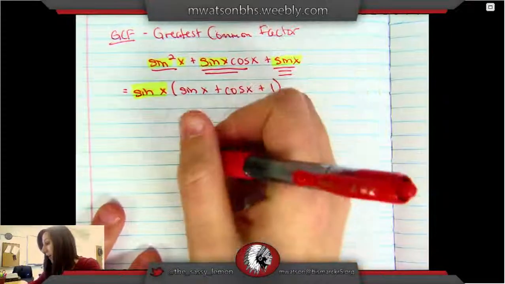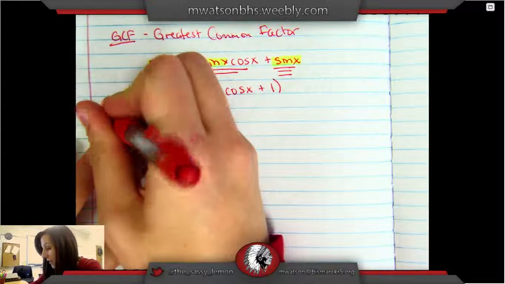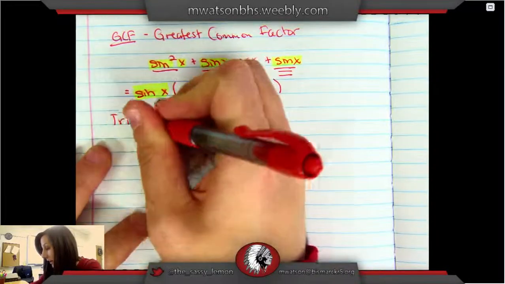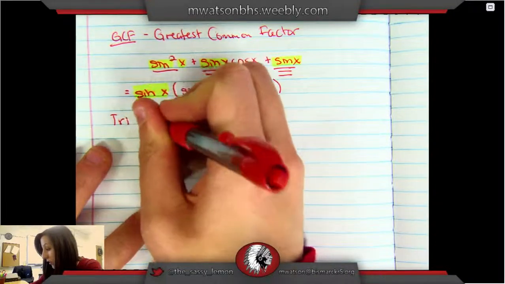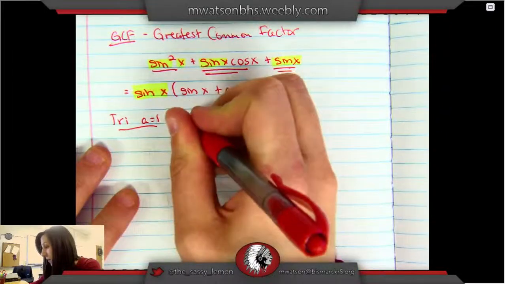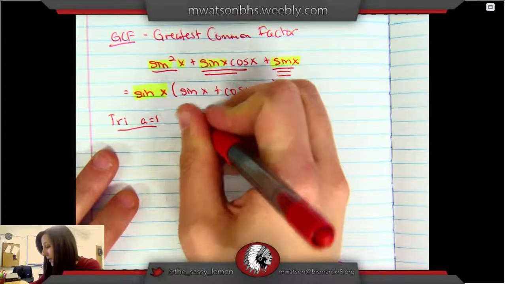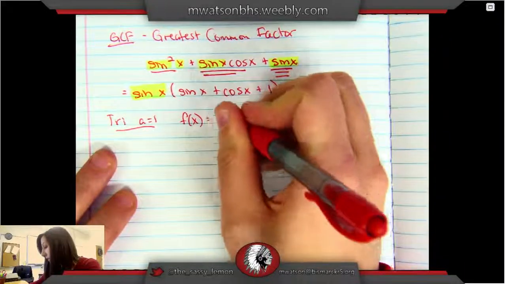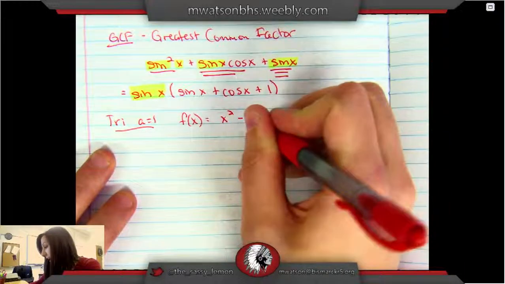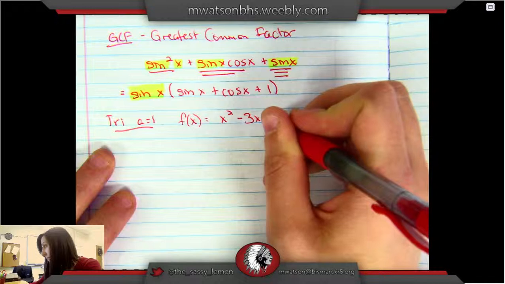Another method of factoring is where your trinomial has an a equal to 1. So what that means is whenever you would have a function like, say, x squared minus 3x plus 2.